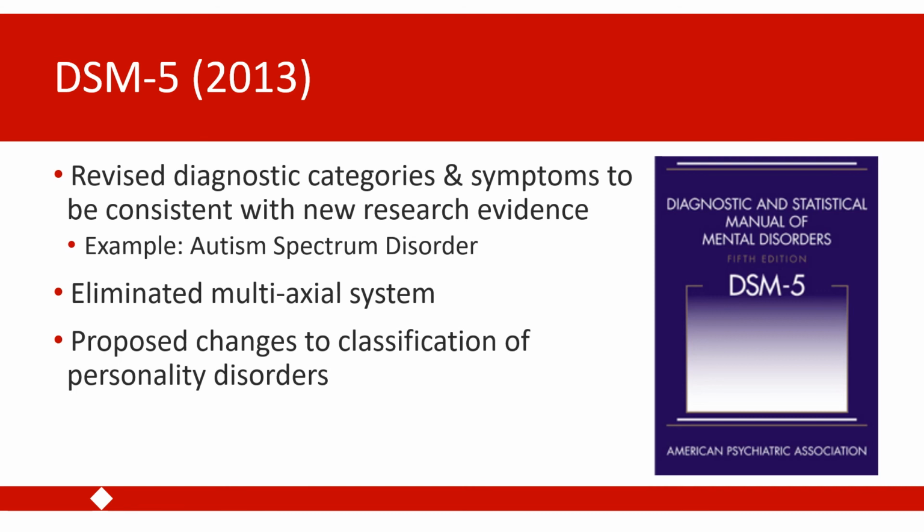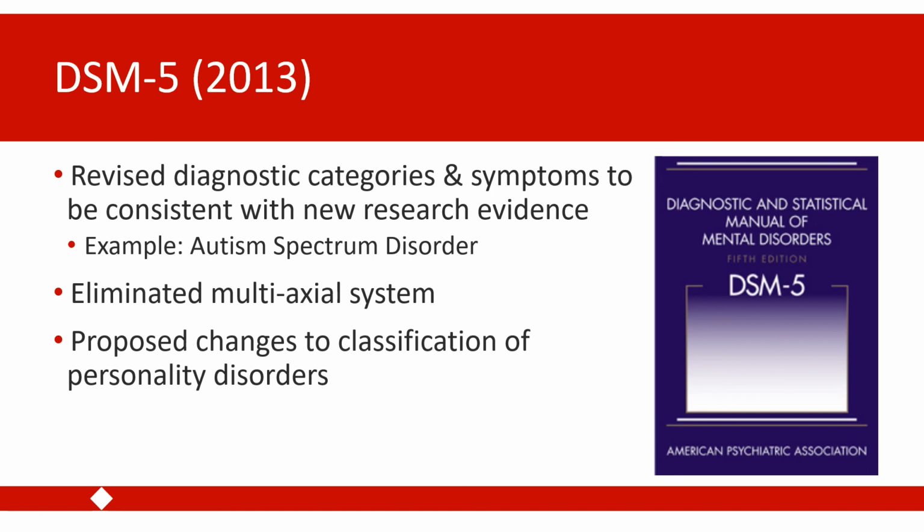For the DSM-V, there was a well-developed proposal to shift to what's called a dimensional system for personality disorders. So thinking about a spectrum of personality traits and characterizing individuals in terms of where they fall on that spectrum, as opposed to a categorical system that says you are in this category or you are not in this category.